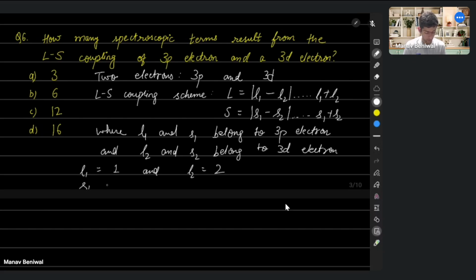S1 is half and S2 is also half. Therefore our L will go from 2 minus 1, which is 1, then 2, and 2 plus 1 is 3, and our S will go from half minus half, which is 0, to half plus half, which is 1. So these are the possible values of L and S, and now we will couple them.